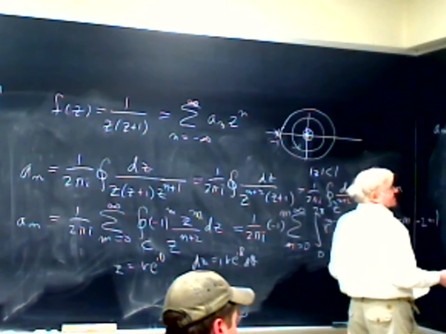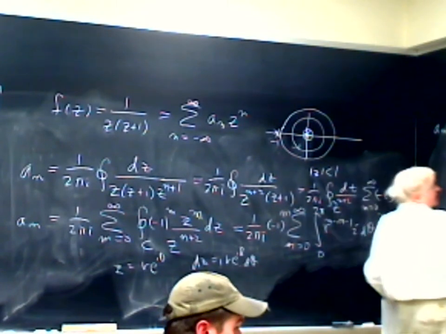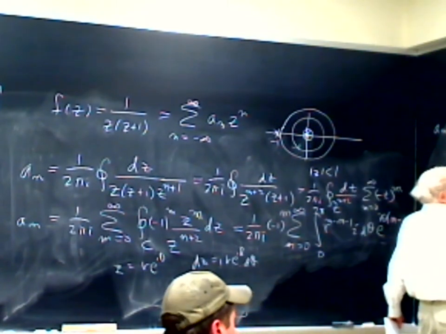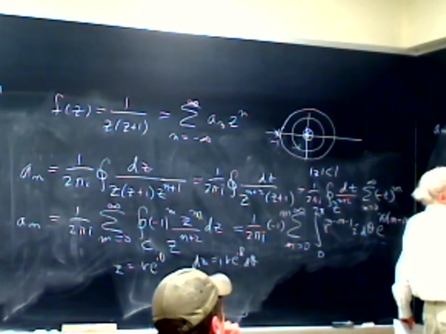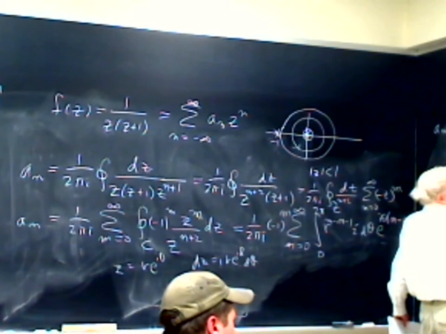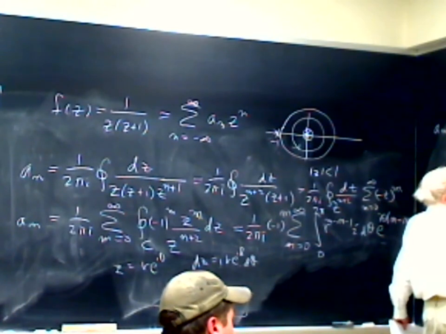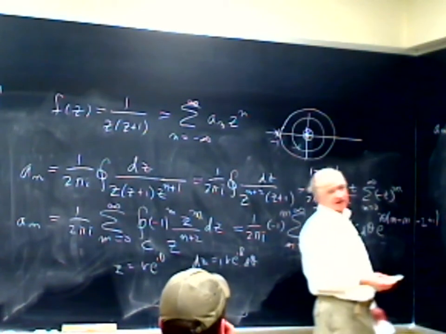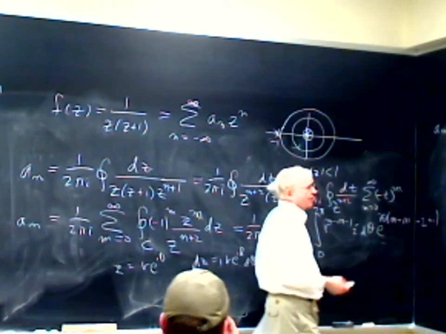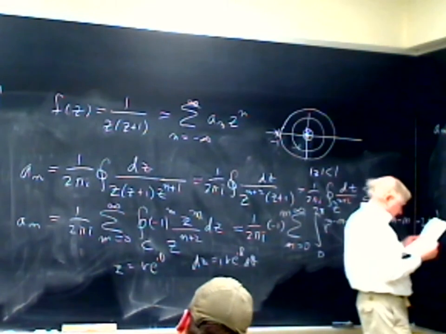Well, that's because m is greater than or equal to 0. And so if m is, say, 27, then n is 26. But if m is 0, n is minus 1. And so n is greater than or equal to minus 1.